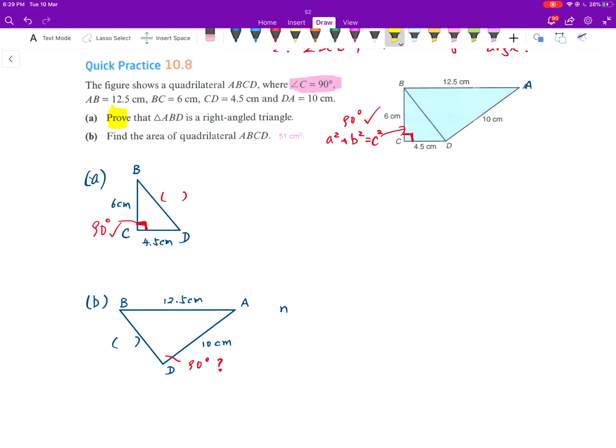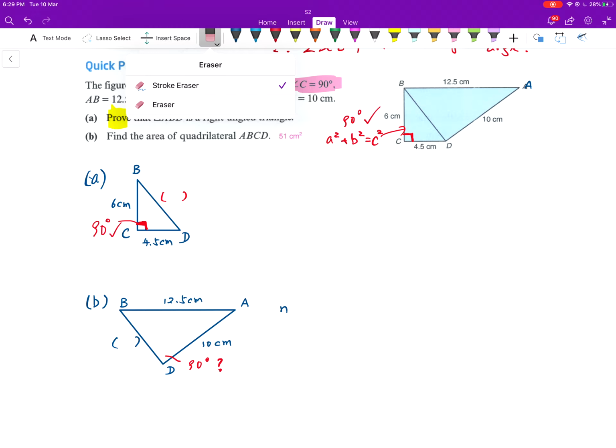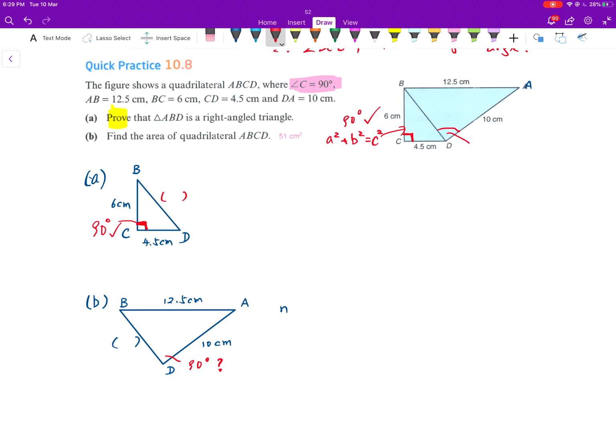For this one, we don't know if it is a 90 degree. So we need to check a squared plus b squared equals something by calculation, and c squared equals something by calculation, and check whether a squared plus b squared equals c squared.